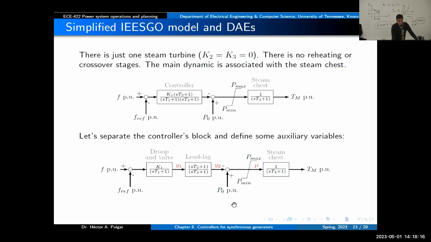But if for some reason these are out of the limit, either greater than P max or less than P min, we're going to set the value of mu at the limit. With that, then we will send that as an input to the steam chest, and after that first order block, we will determine what is the mechanical torque we finally obtain in this generator.